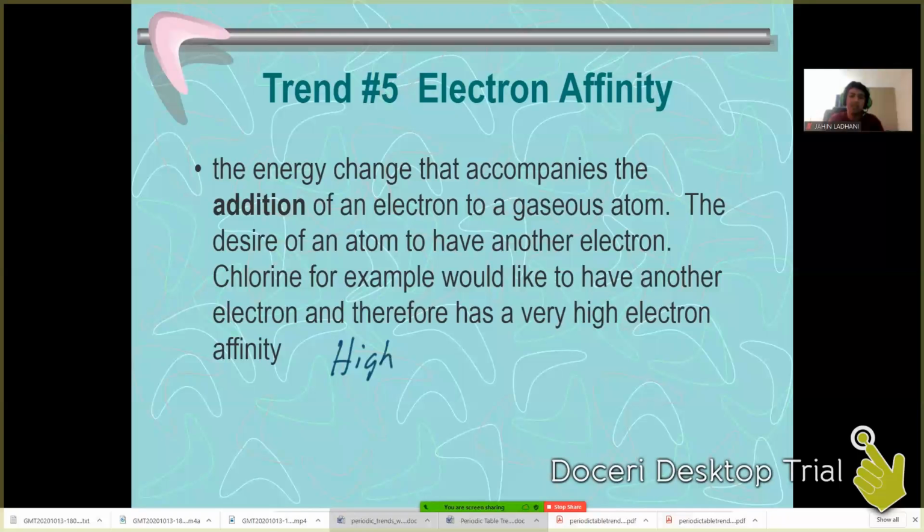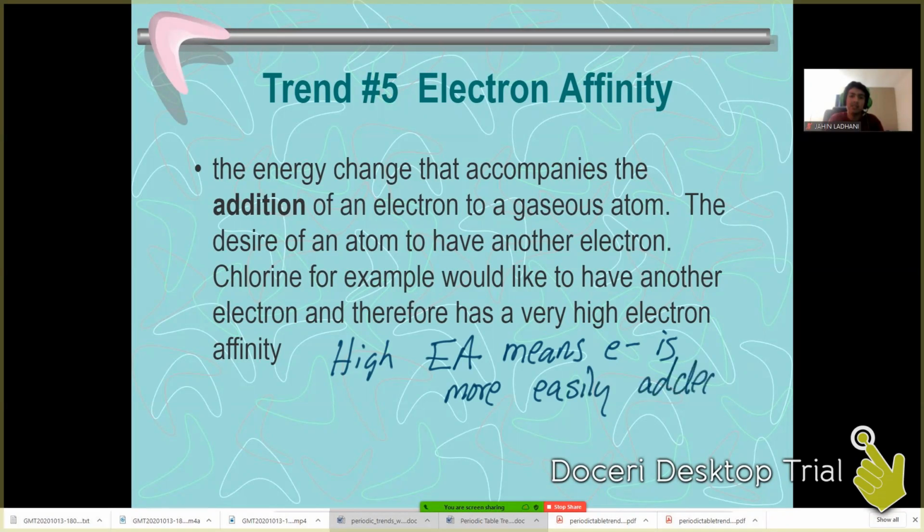High electron affinity means an electron is more easily added. So your halogens are going to have high electron affinity.